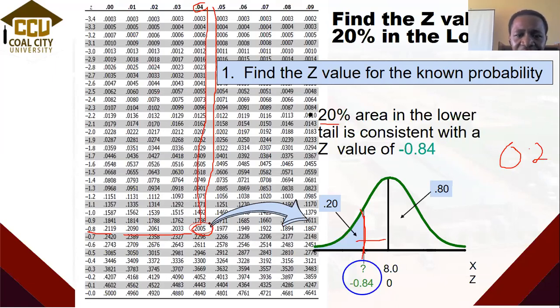The number closest to 0.2 is 0.2005, and it falls under minus 0.8, minus 0.84. So it shows that the z value consistent with 20% of the area is minus 0.84.